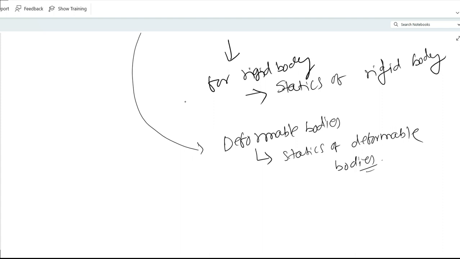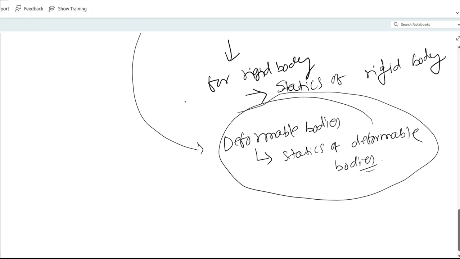And this statics of deformable bodies we will discuss in strength of material subject.